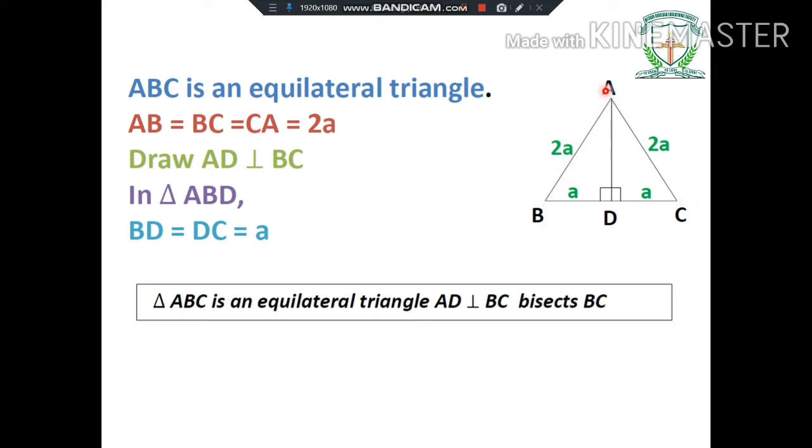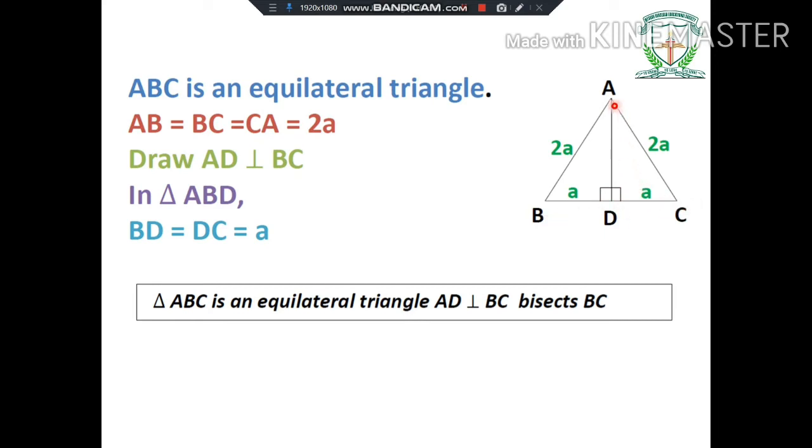AB is equal to 2A, AC is also 2A, BC is also 2A. Children, altitude is the perpendicular distance from the vertex to the opposite side. From A, draw a perpendicular to BC.